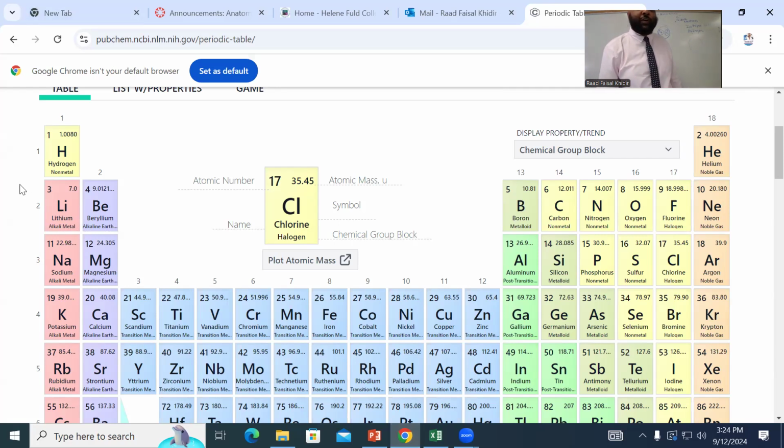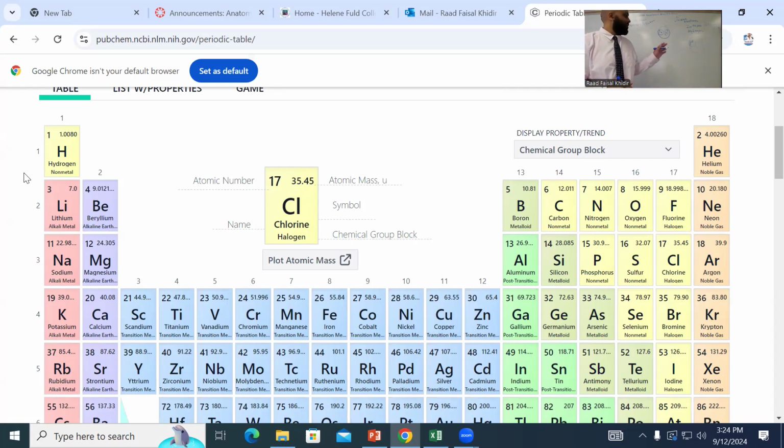Now, what is the atomic number of hydrogen? How many protons does hydrogen have? Hydrogen must have one proton. How many protons must deuterium have? One proton. How many protons must tritium have? One. Very good.